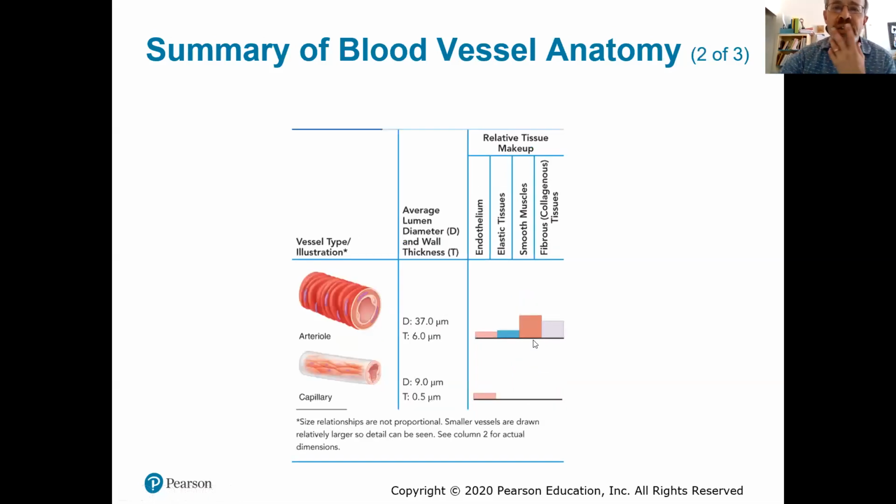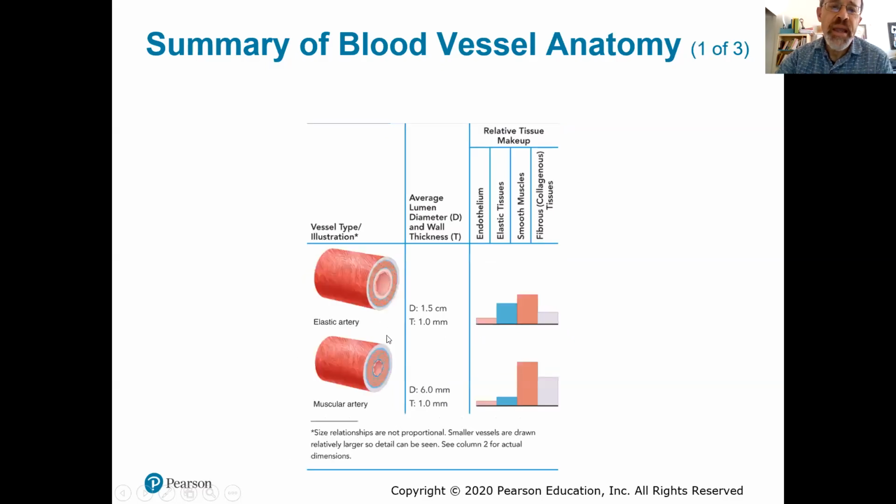By the time we get to the arteriole, there's virtually no elastic fibers. It's basically tunica intima and tunica media. Whatever connective tissue is there, it's within that. There's no outer layer. There's only intima and media, whereas the other two have intima, media, and externa.